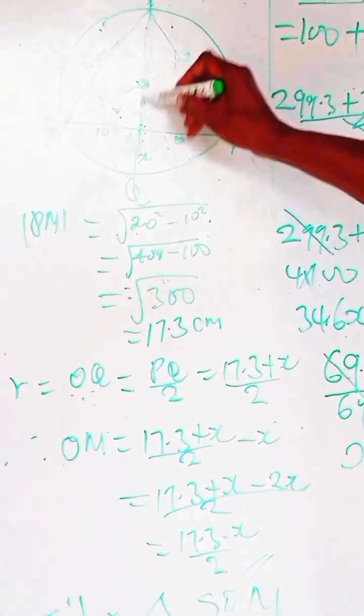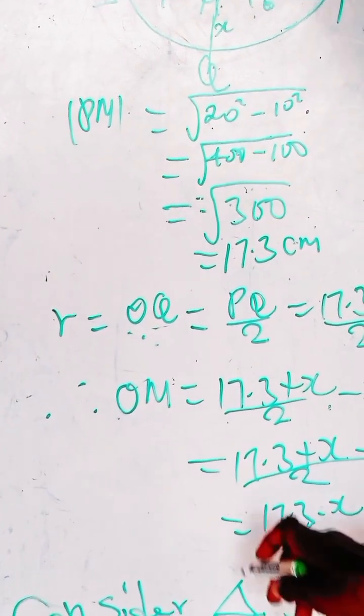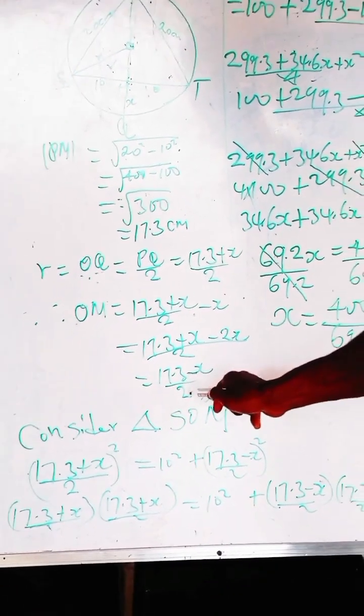So what we do next is we are looking for the distance of a side of the triangle from the center of the circle, that is OM. Look at our OM. Our OM is 17.3 minus x all over 2.